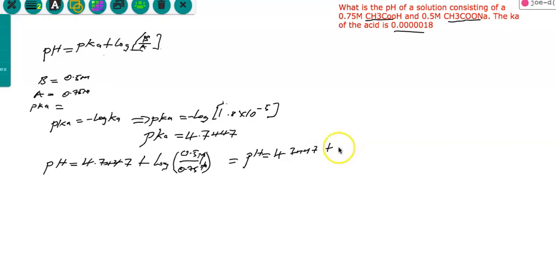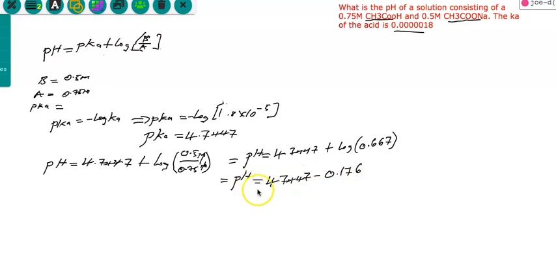plus log of 0.667. Therefore, our pH will be equal to 4.7447 minus 0.176.